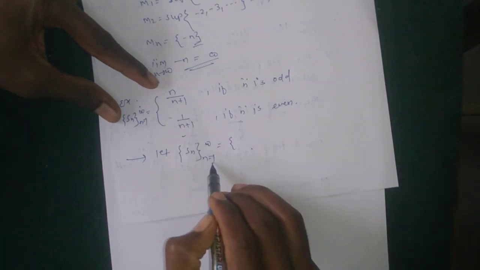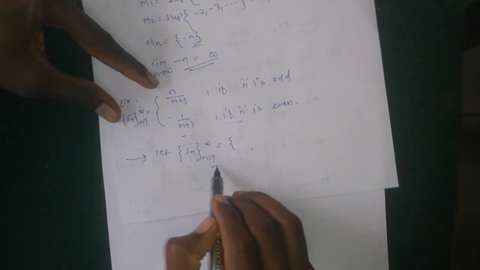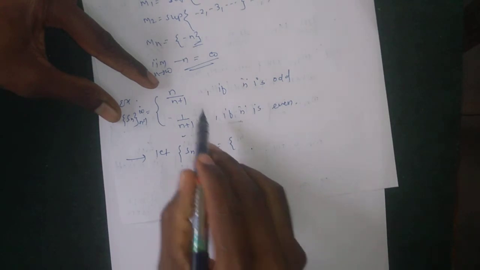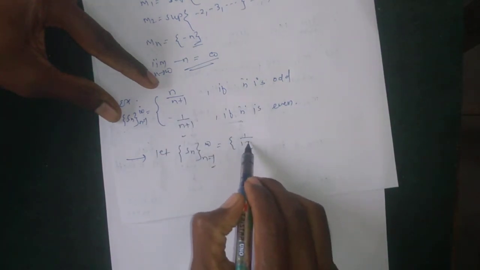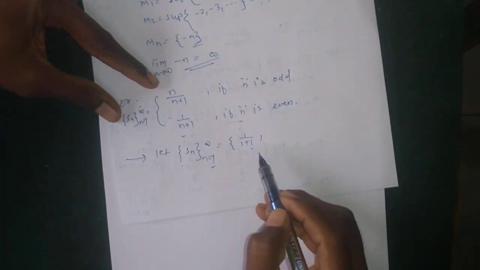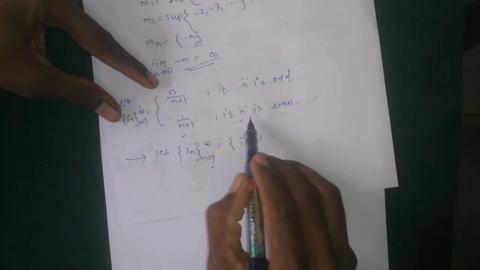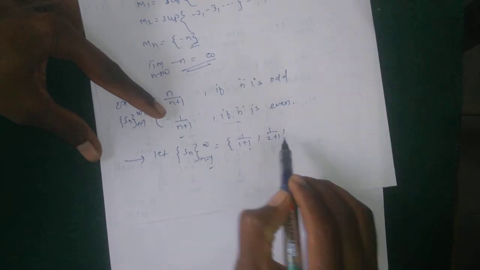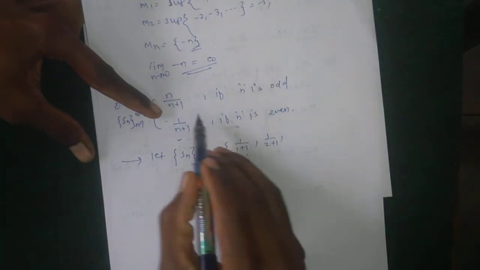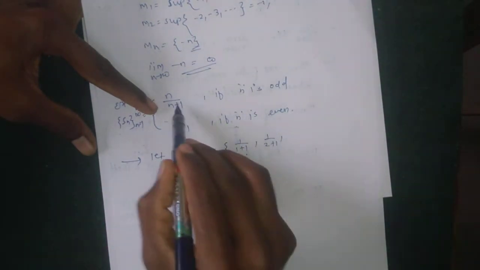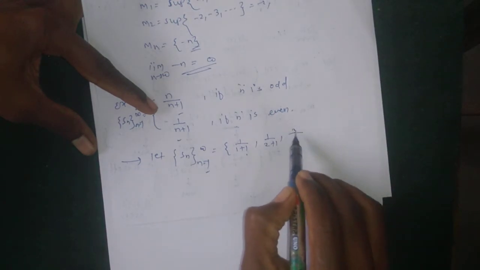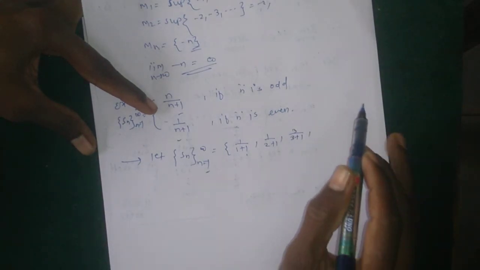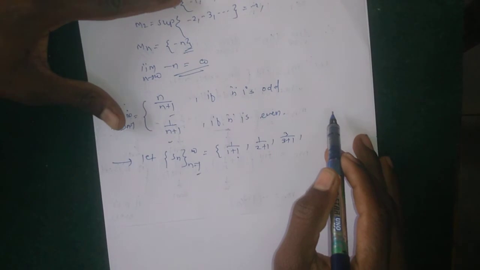So if we put n is equal to 1, 1 is an odd number, therefore the value is 1 upon 1 plus 1. When putting n is equal to 2, 2 is an even number, so the value is 1 upon 2 plus 1. If n is equal to 3, then 3 is an odd number, so the value is 3 divided by 3 plus 1, and so on.